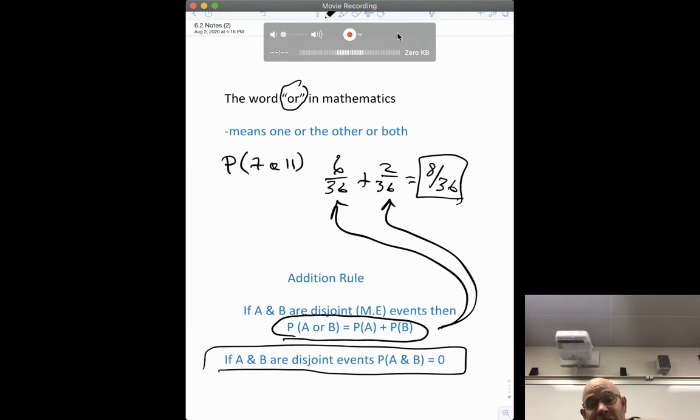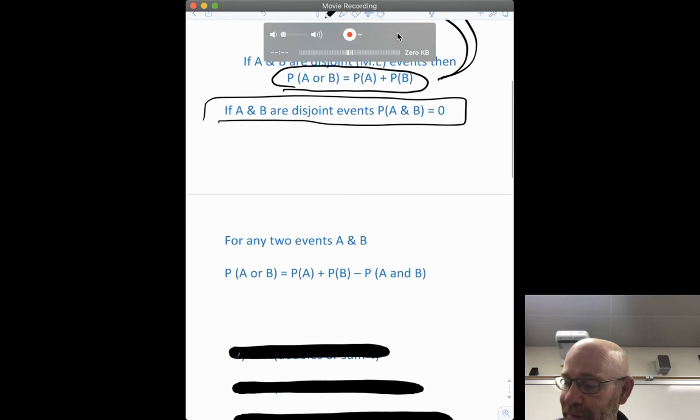So if I change this problem on you and I said, like, what's the probability of getting a 7 or an odd number? There's now some overlap, right? 7 or an odd number. So they're not mutually exclusive. You could roll a 7 and an odd number at the same time, right? If it is 7, it is odd. If it's odd, it doesn't have to be 7, but it could be. So we need to figure out how to deal with this if they're not.